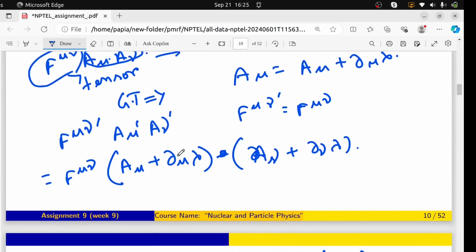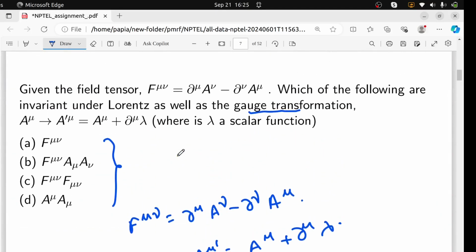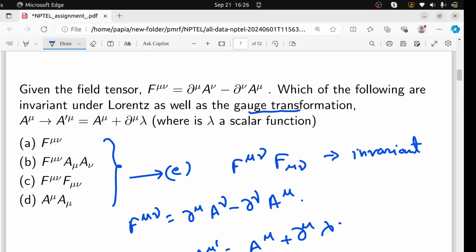But as it is not invariant under gauge transformation, this will not be the correct answer for this question. So the correct answer will be this one only, which is invariant under LT as well as GT.